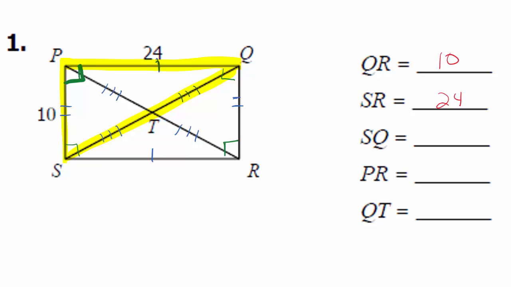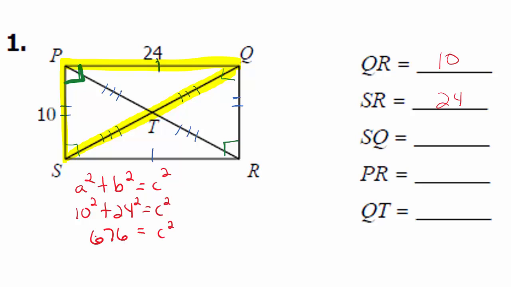So let's set this up down here. A squared plus B squared equals C squared. We can use 10 and 24 as our A and B. 10 squared plus 24 squared equals C squared. 10 squared plus 24 squared is 676, which equals C squared. If you take the square root of both sides, C is going to equal 26.